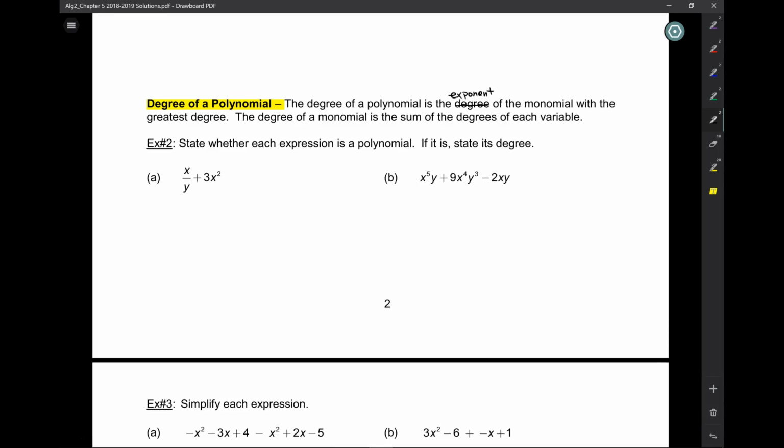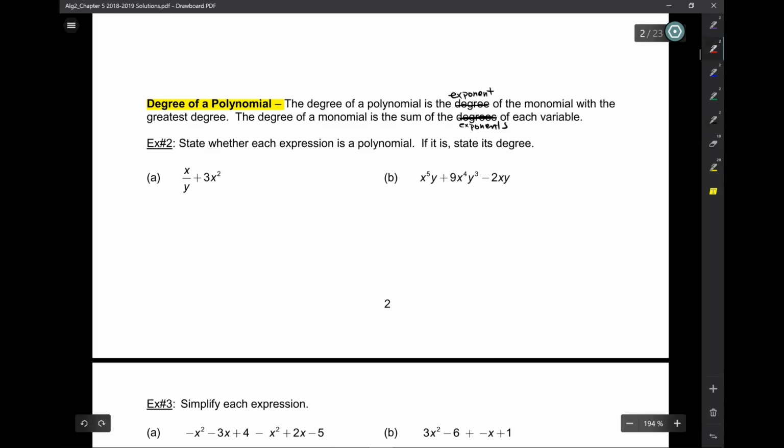Okay? The degree of a monomial is the sum of the exponents or degrees of each variable. So first, state whether each expression is a polynomial.